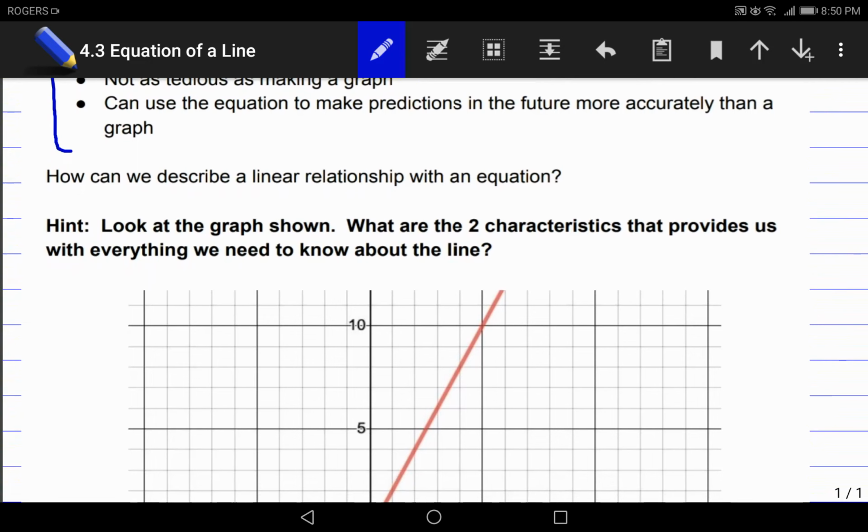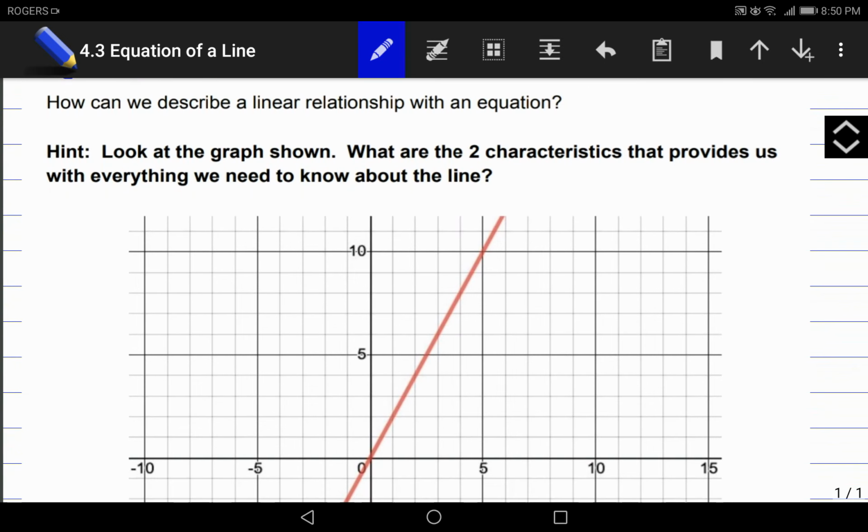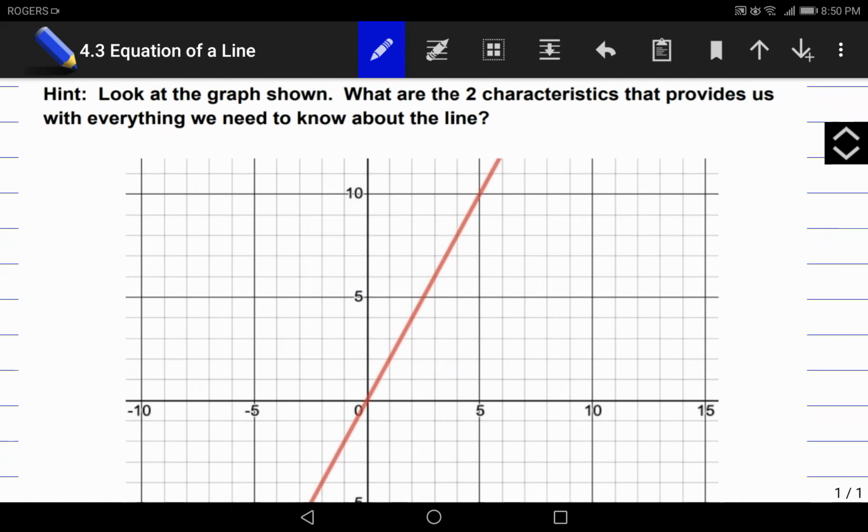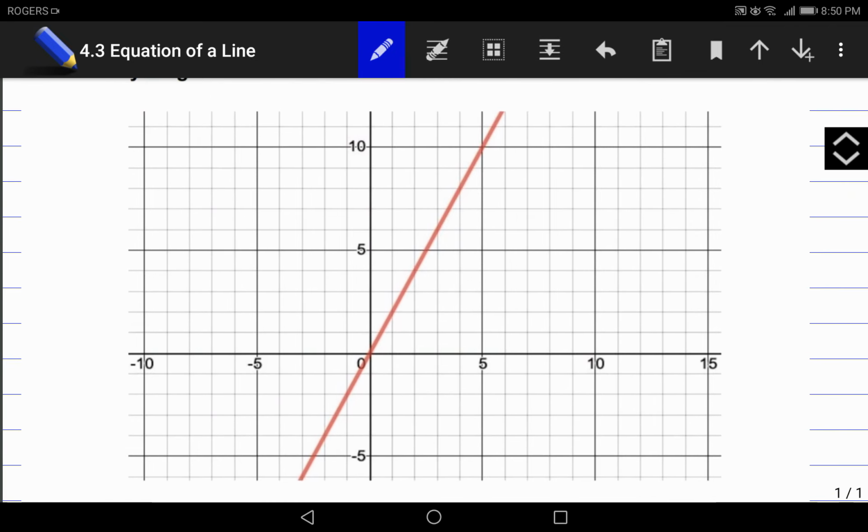So now we have to come up with how to write an equation for a linear relationship. How can we figure out what best describes a line and then put that into an equation? Looking at this line here, what characteristics do you think would describe this line, everything you would need to know about that line?